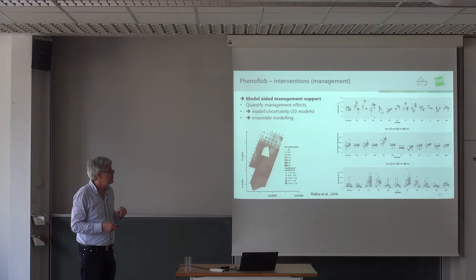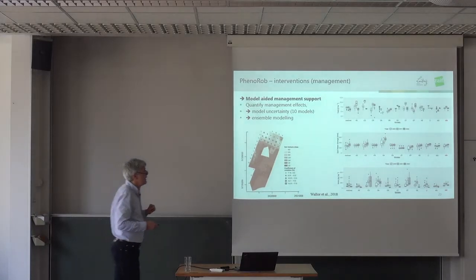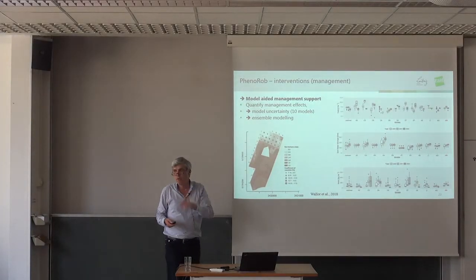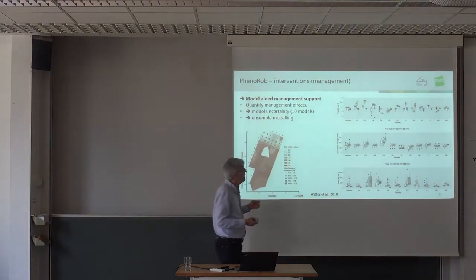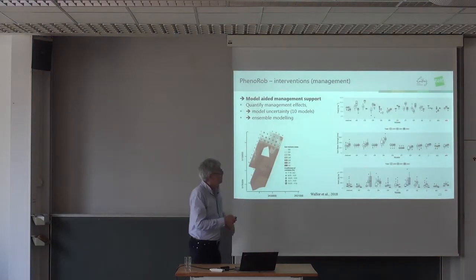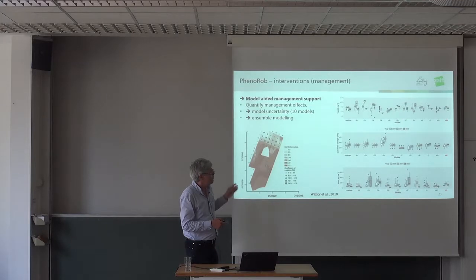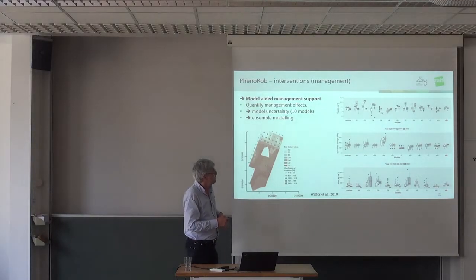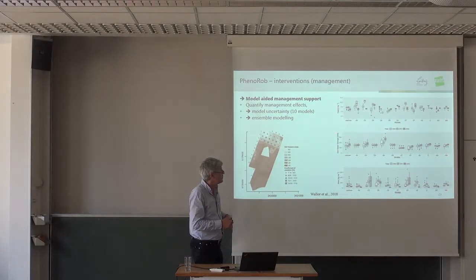Another point that we should make in this context is that we have this large variability among models. I mentioned that already. Again, for this site a model comparison was performed among 10 models, and you see with respect to yield, soil water storage, and mineralization, how variable the models can be for 3 years at that location.